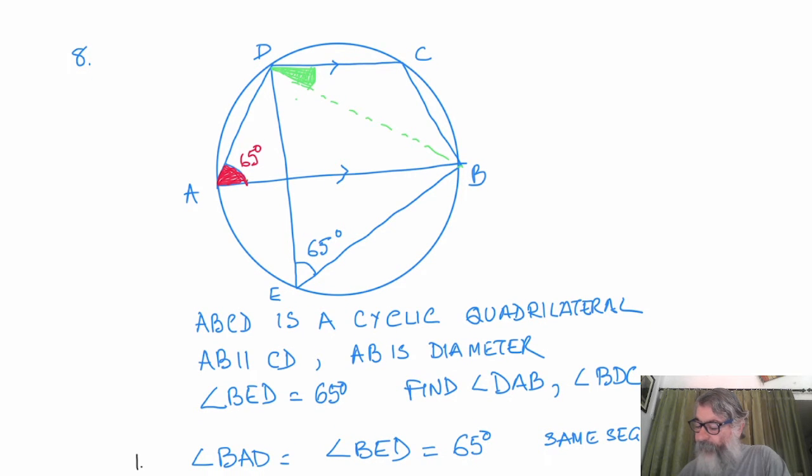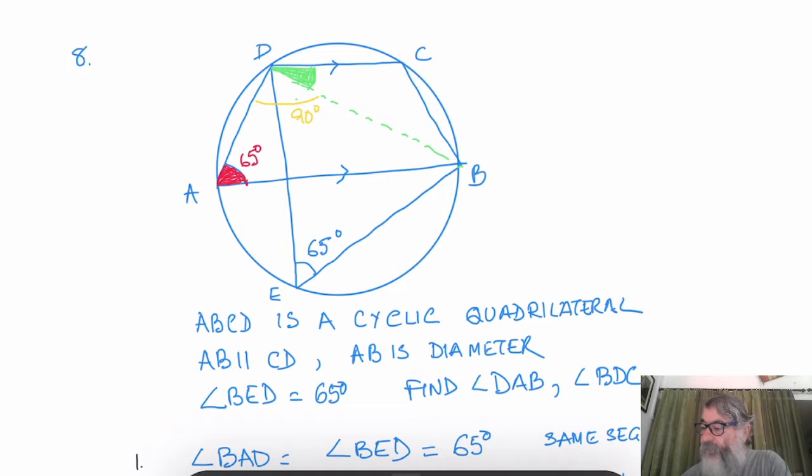Angle in a semicircle is always a right angle. Let me make it with another color. This angle has come out to be 90 degree.